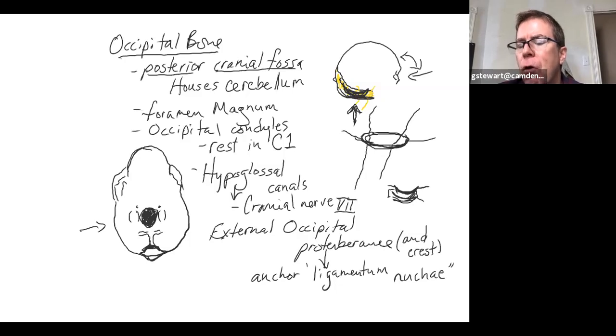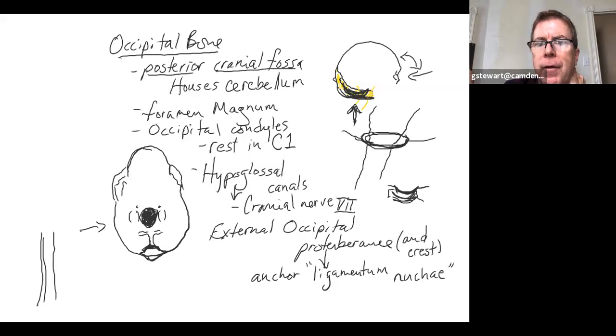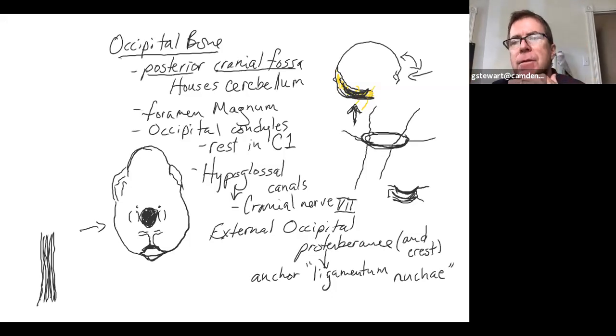That is a long, tough, fibrous ligament that runs from that place on the back of your head that you just felt all the way down your cervical vertebrae to C7. So all the way down the back of your neck, like this thick, tough, fibrous band of dense connective tissue. And that helps us, it supports the head. It enables us to hold our head up so it doesn't flop around.